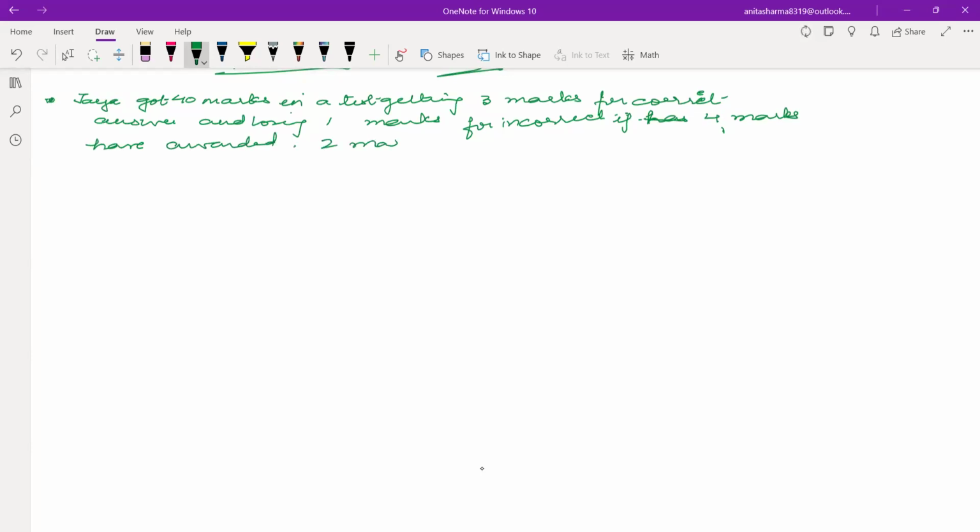then Jaya would have scored 40 marks. In the previous statement it is also given 40 marks, right?